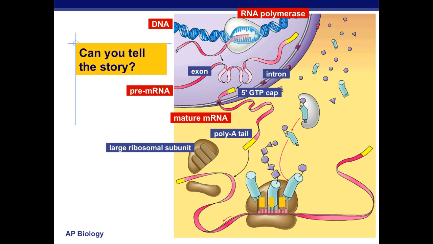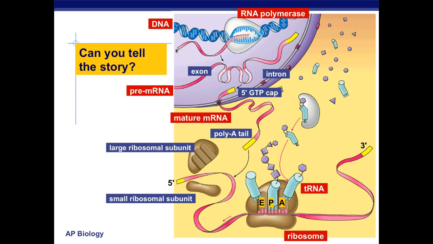There's a large ribosomal subunit along with a small ribosomal subunit, which will be the site for the protein synthesis. The ribosome will then read the mRNA strand. It'll start in A, go to the P, and exit through the E. The mRNA will be read from the 5' to the 3' end. The tRNA is going to carry the amino acids into the A slot.